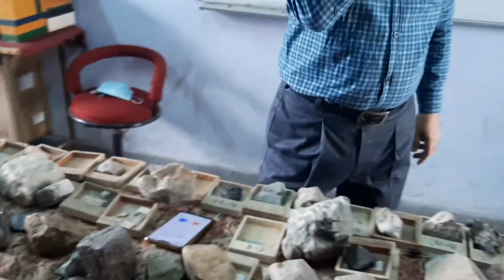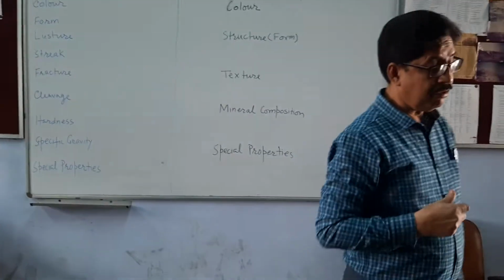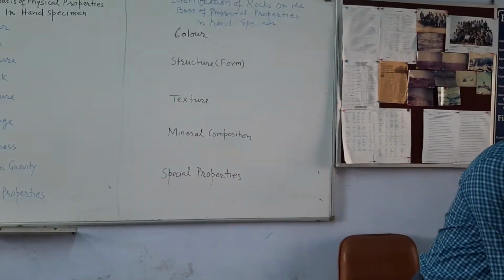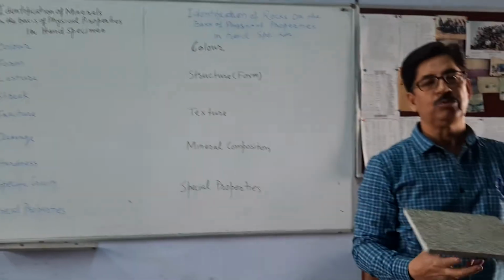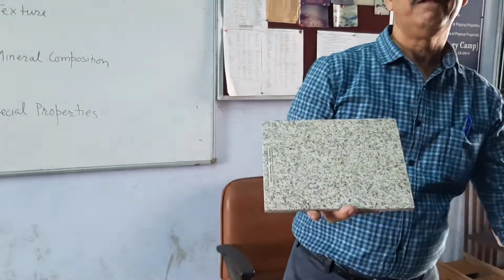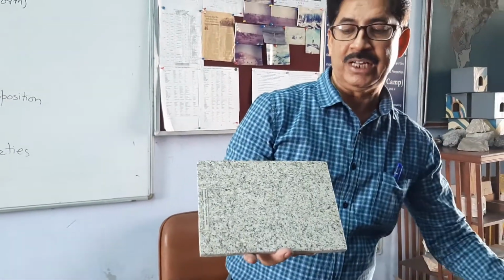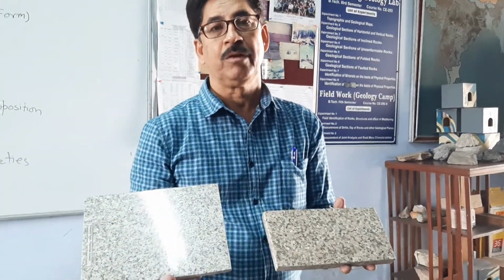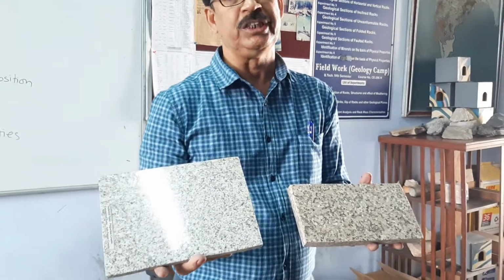So you see, first of all, we will try to identify igneous rocks. Igneous rocks are used as building stone, especially for flooring and rock cladding. You can see these rocks. These are rock slabs cut by machine.